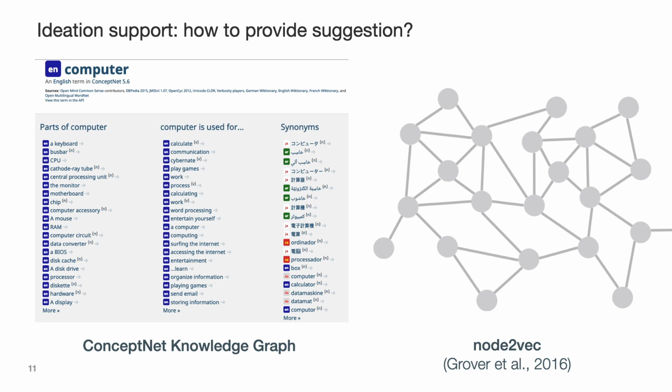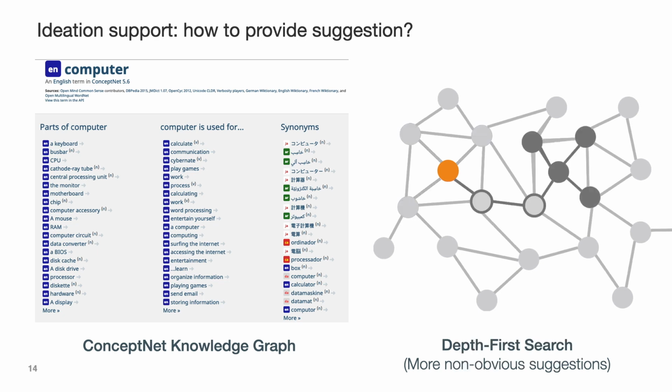To explore the nodes of a neighborhood in ConceptNet, we use the biased random walk with a search bias suggested by Grover et al. in their paper Node2Vec. To demonstrate, let us pretend the selected node is the concept computer. If we define our search bias to be more breadth-first search, the biased random walk would keep the walk local, close to the starting node, and we are more likely to come across associations that are related to computer.